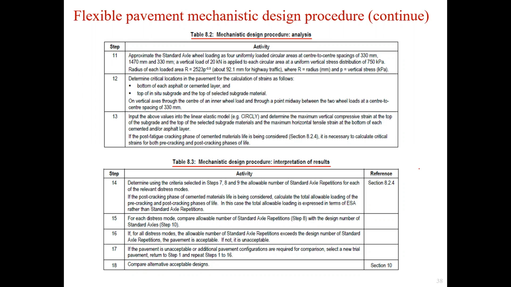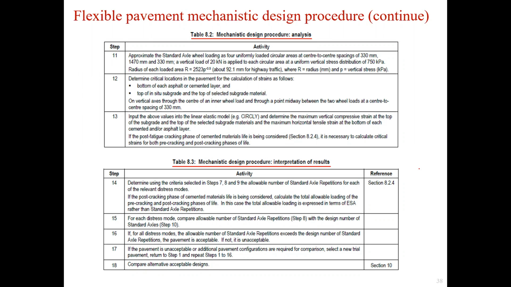Step 13 is to input the given conditions to CIRCLY to determine the maximum vertical compressive strain of the subgrade and maximum tensile strain at the bottom of the cemented and asphalt layer. Sometimes we need to calculate the critical strain for both pre-cracking and post-cracking, if the post-failure cracking phase of cemented materials is considered.